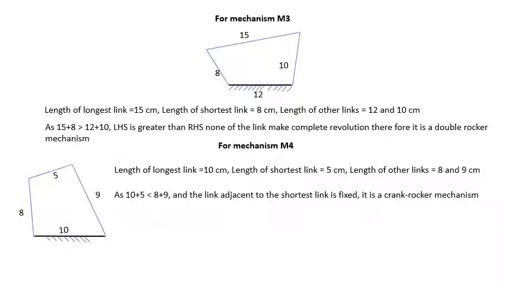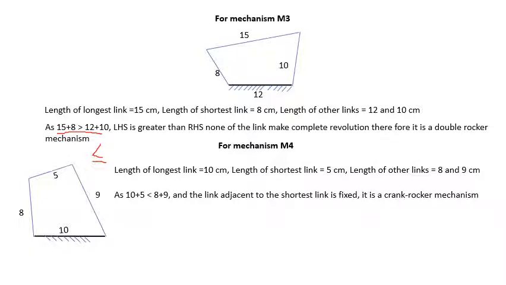Since LHS is greater than RHS, it is not satisfying Grashof's law. It should be less than or equal to RHS. If it does not satisfy this condition, then we call such a chain a non-Grashof chain, which means none of the links makes a complete revolution.